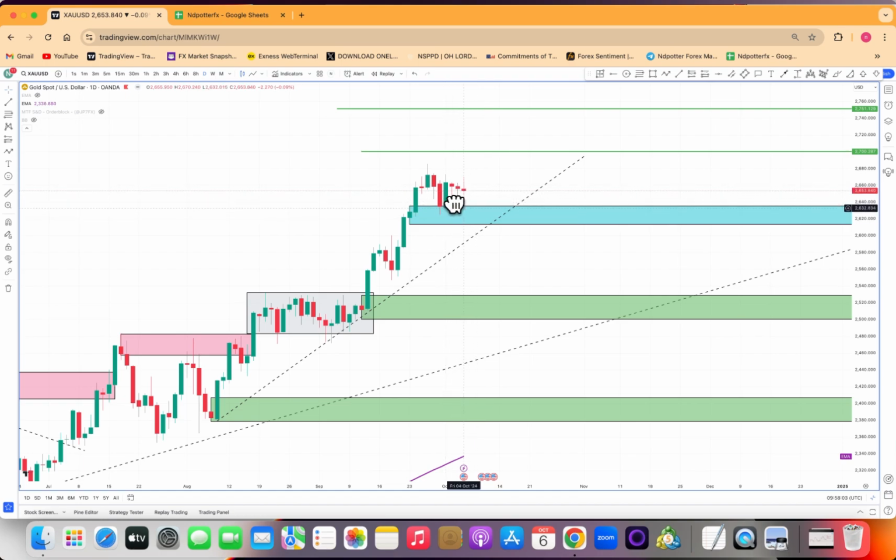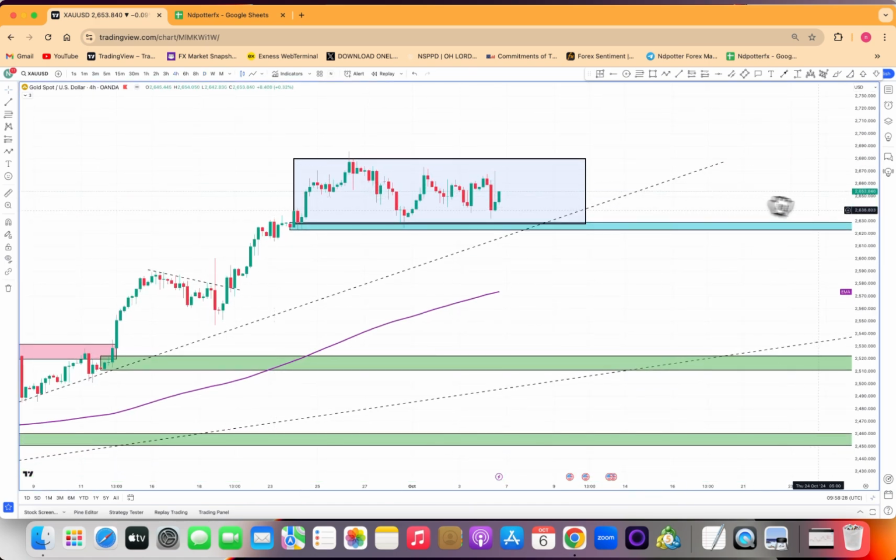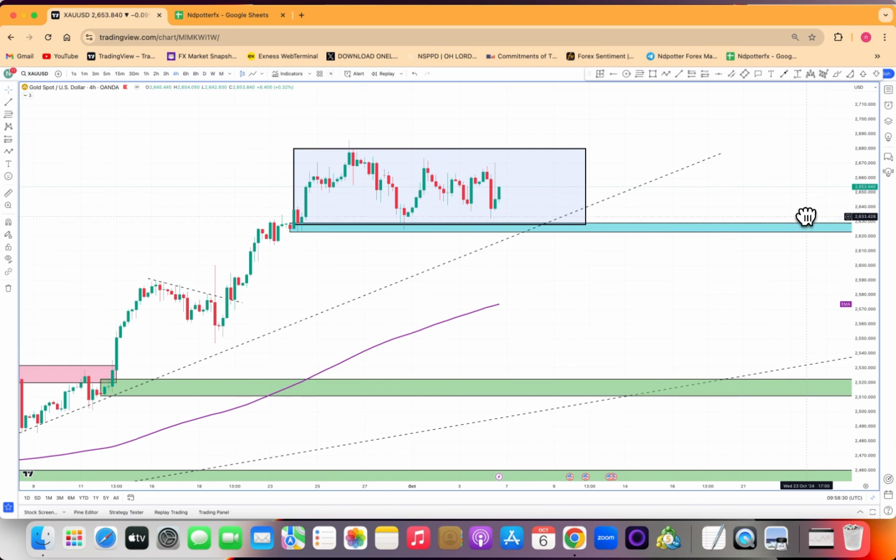So I have to wait to see if buyers are going to continue pushing the market into this 2,750, or this demand zone here will be removed and this trend line will be broken. Once I see this trend line broken to the downside, I will be looking for the market to start creating a supply zone and opportunity for me to start longing, which I'm going to go down to the 4-hour time frame to look for my entry.